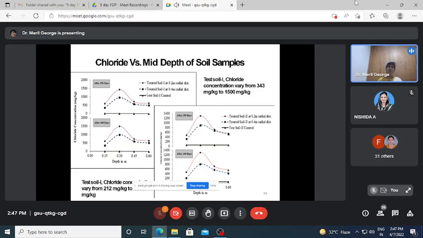The maximum concentration of chloride was observed at 0.3 meter depth and at a radial distance of 0.2 meter from the point of application of leachate. The maturing period of 50 days did not show a considerable variation; the 100 days result and the 150 days result were almost the same.